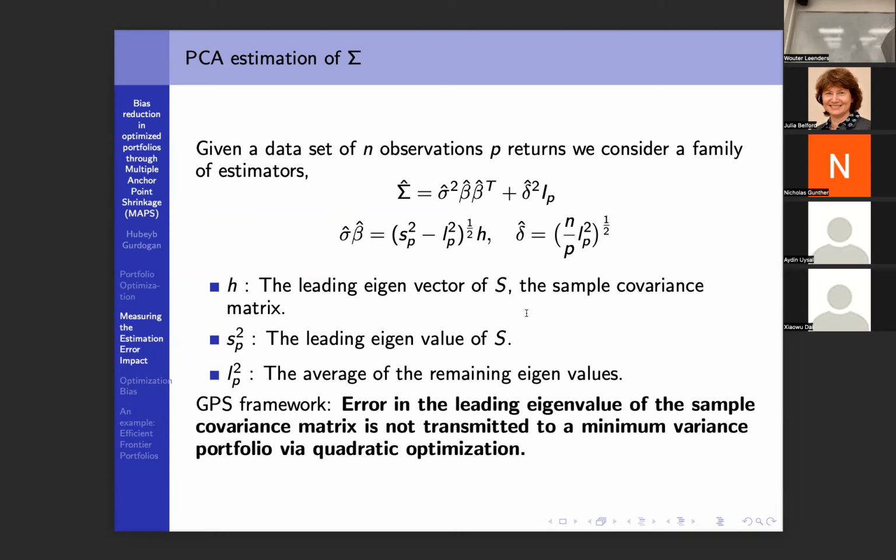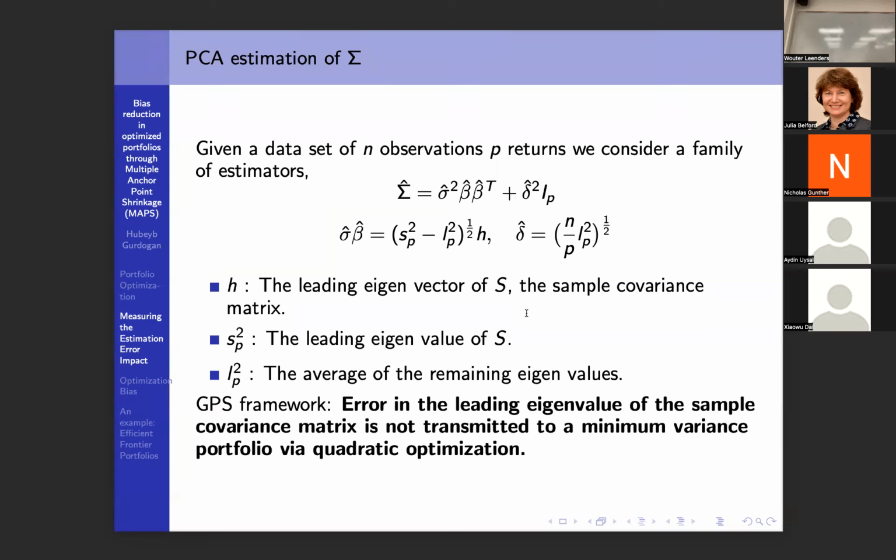So we will be more worried about the error that we are making when we are coming up with an estimator of the leading eigenvector of the actual covariance matrix, which is H. So from now on, we have freedom on our choice of H. Initially, we can set it to the leading eigenvector of S. That will be our priority.